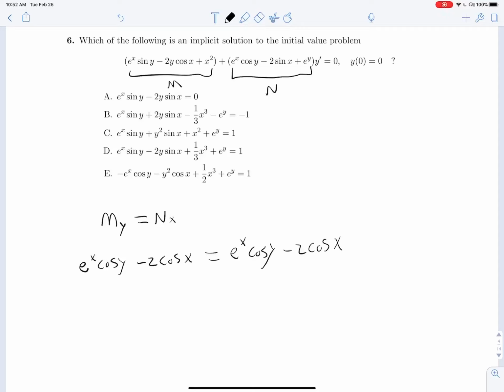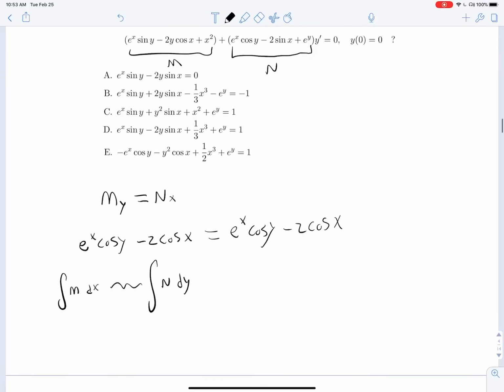So all we have to do is take the integral of M dx and compare it with the integral of N dy. Sorry, I said dy at first, didn't I? There we go.